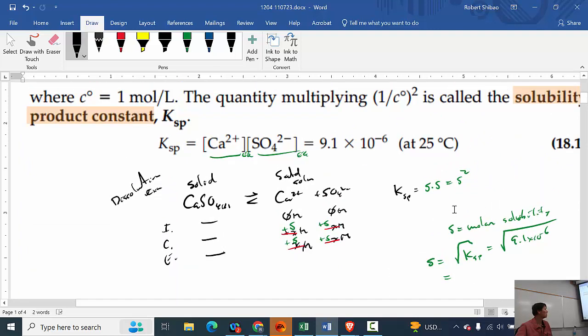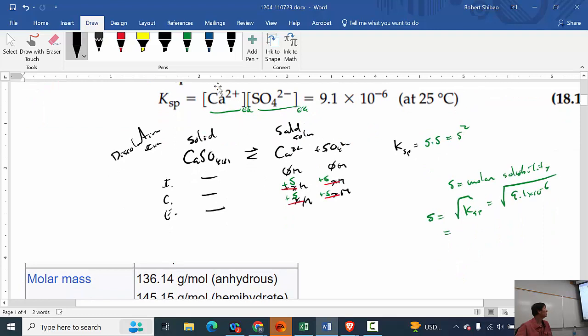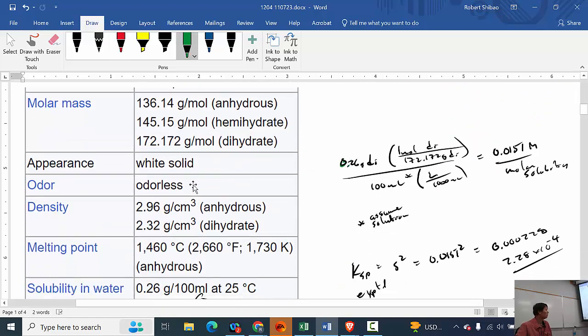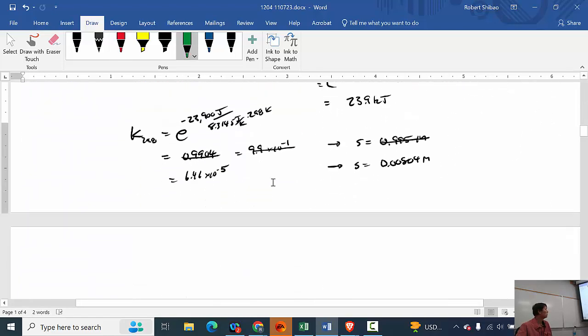Actually, no, what was the solubility we calculated here based on their KSP given in the book? We got 0.00302. So 302 versus 804. So it's a bit off.